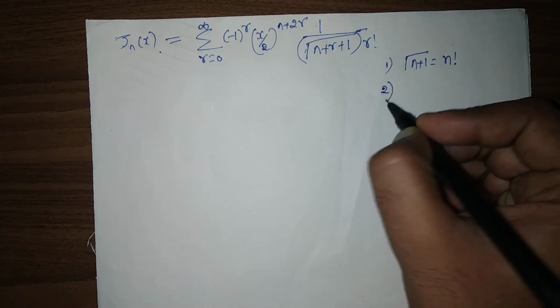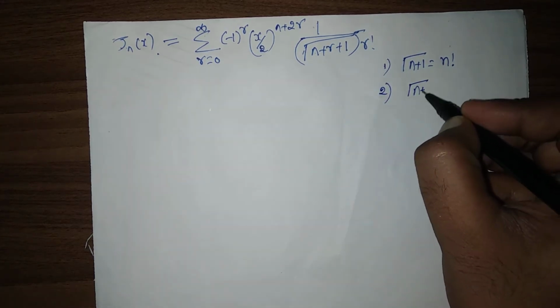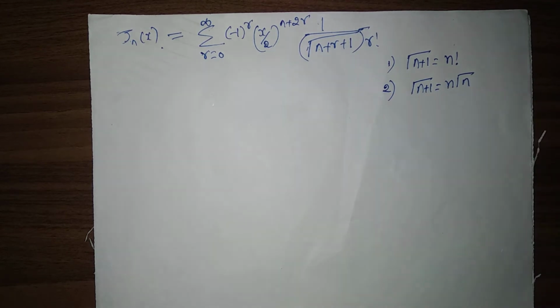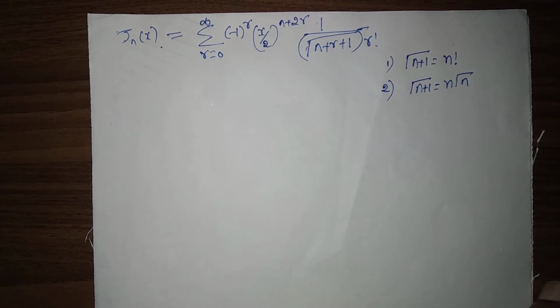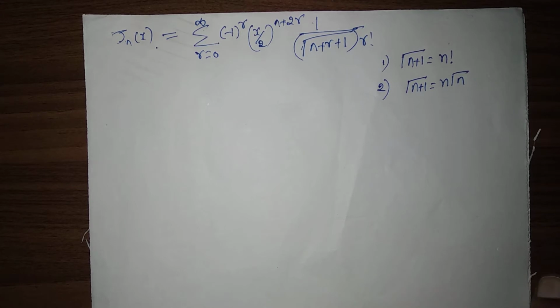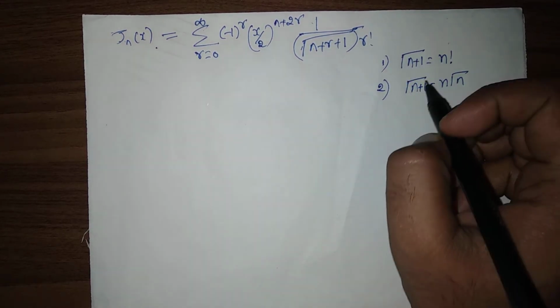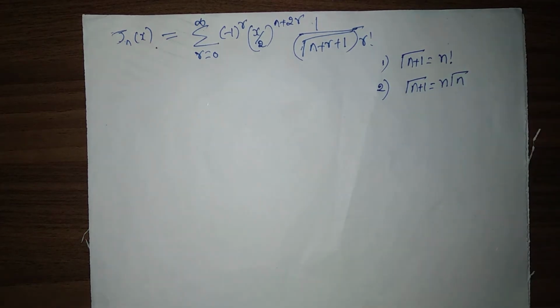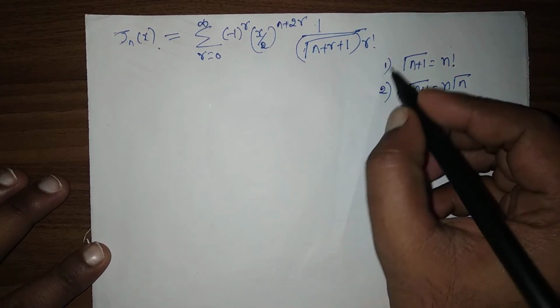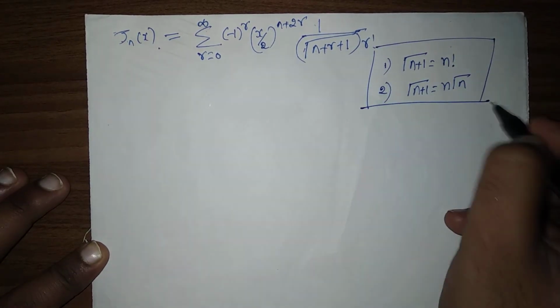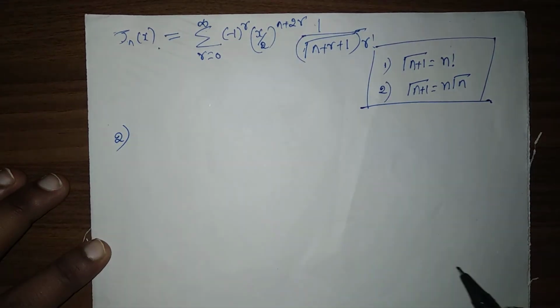And also, friends, you have to know that gamma of n plus 1 can be written as n gamma n. So this is very important. These are some important properties which you have to remember. In the place of n, you may have n plus r, or you may have n plus s, so depending upon the problem we can go through the properties. You should remember these two, it's very important. So let us go to the next property.